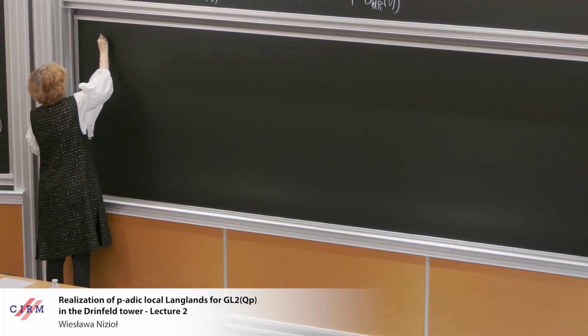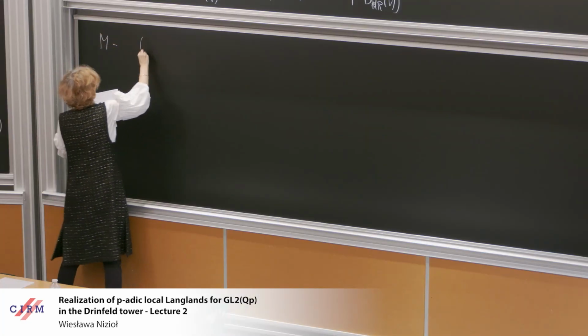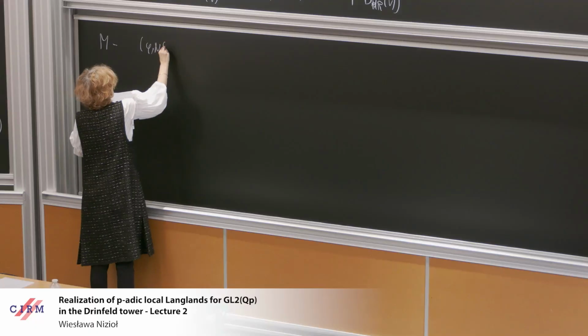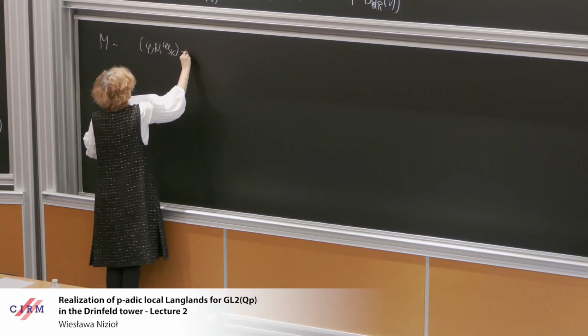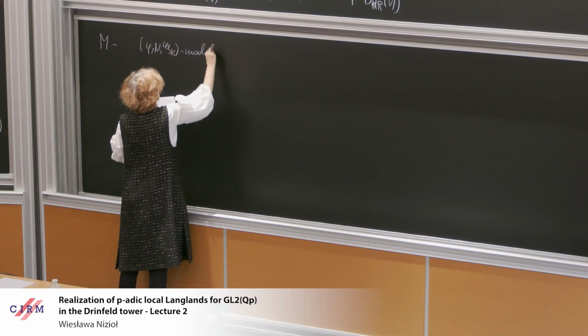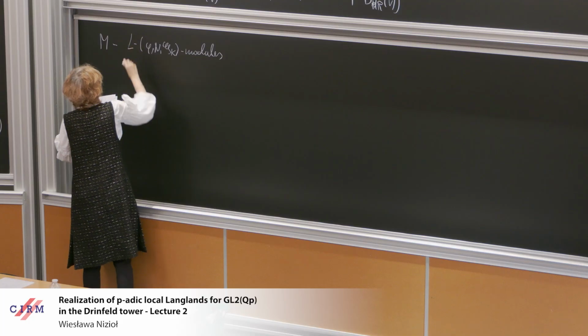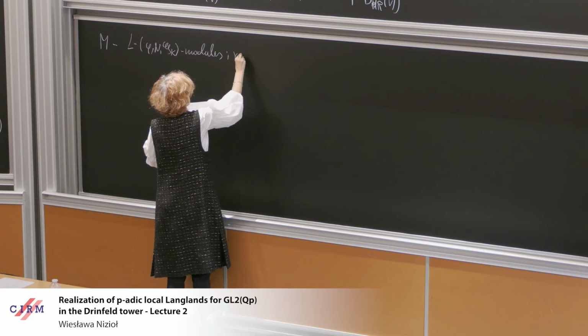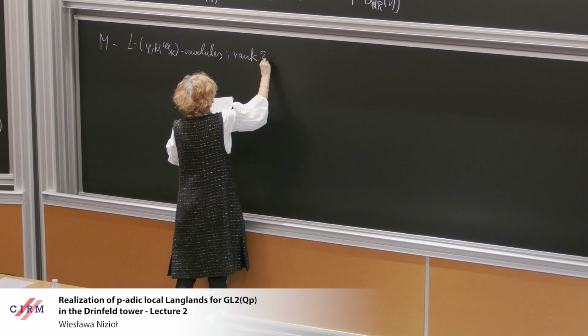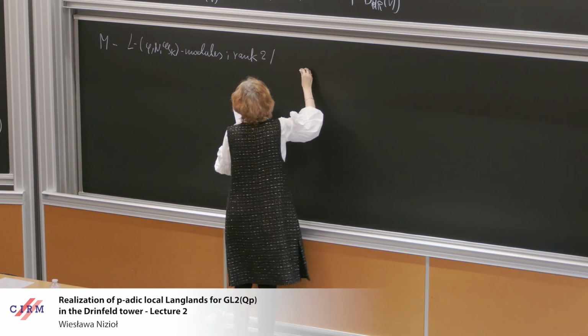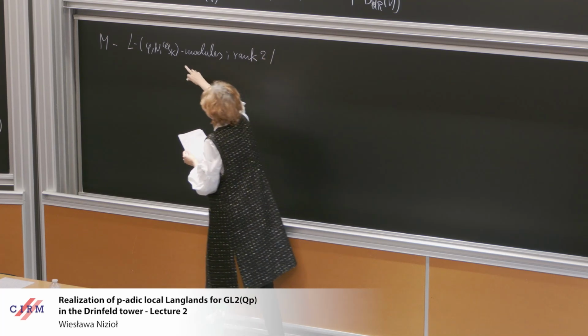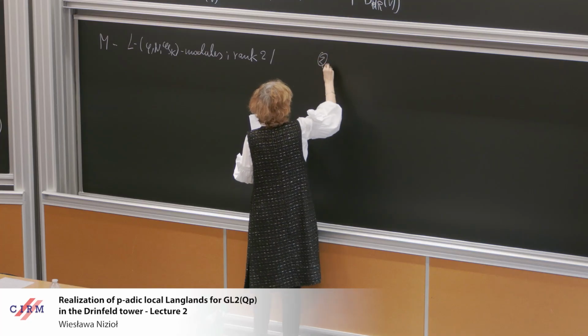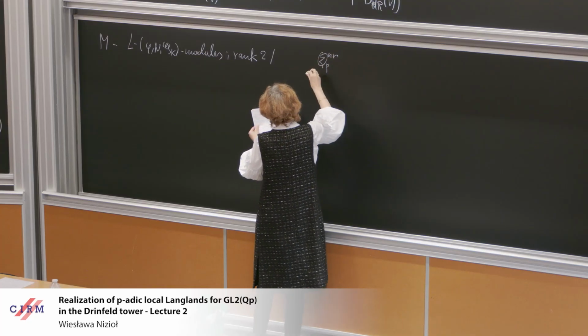So now M is going to be my notation. So we are going to work with phi n GK modules, but we are going to extend the coefficients to this L. We have to do it everywhere. And rank 2. So remember, this guy here is always over QP NR.